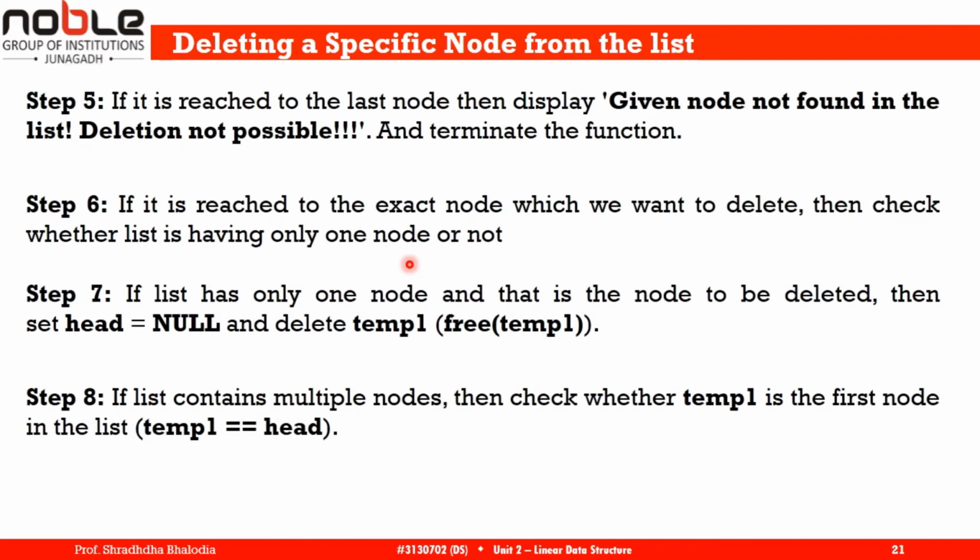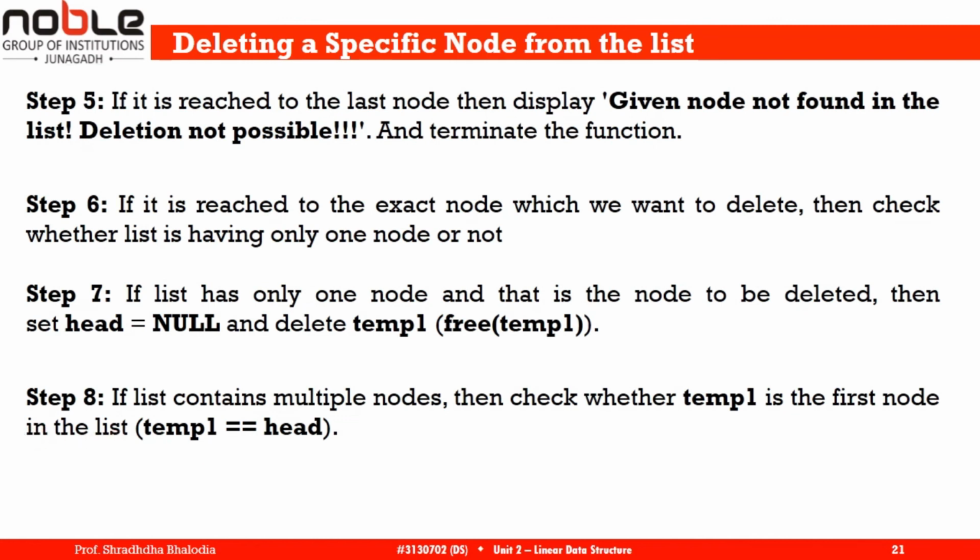If the list has only one element and we are deleting this element, then the list becomes empty again. If the list has only one node and that is the node to be deleted, then head is equal to null, delete temporary 1 and set all the empty conditions. If the list contains multiple nodes, meaning the list is not empty and has not only one element, then check whether temporary 1 is the first node in the list.